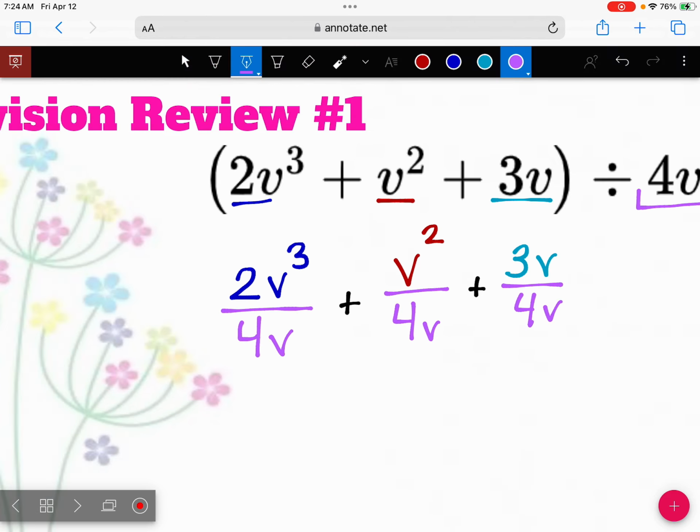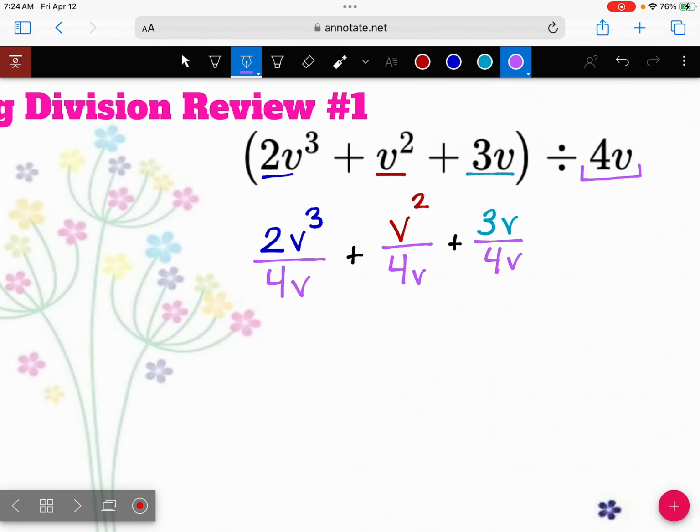So we can reset this up like this. It's like distribution. We're taking our 2v cubed and dividing it by 4v. We're taking our v squared and dividing it by 4v. And we're taking our 3v and dividing it by 4v.